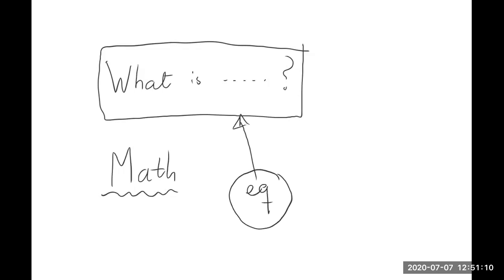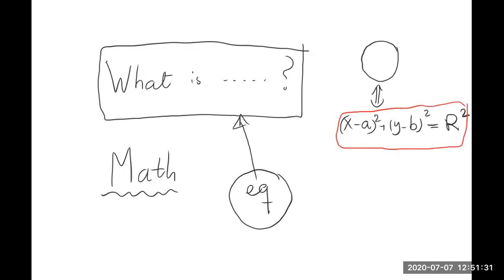So maybe for a mathematician, a circle is the same as (x - a)^2 + (y - b)^2 = r^2. If you ask a mathematician what is a sphere, what is a circle, they might give you different answers, but definitely one answer would be just writing down this equation. That's the answer to what is a circle for a mathematician.